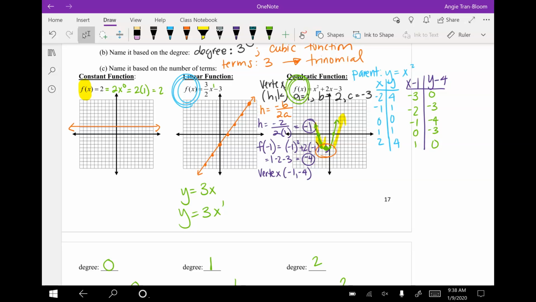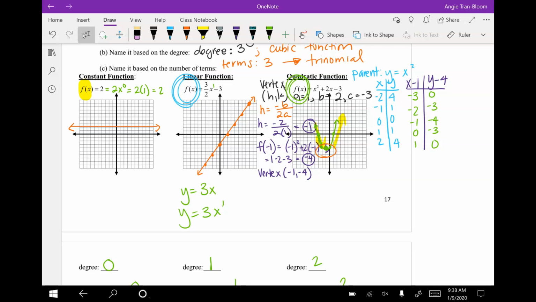No. Okay. Linear. Linear has a degree of what? Ask your friend what the degree of linear is. 1. Is 1 an odd number or an even number? An odd number. Look at the end behavior of linear. Is it going opposite directions or the same direction? Opposite, right? One's going up, one is going down. Next graph is called a what?